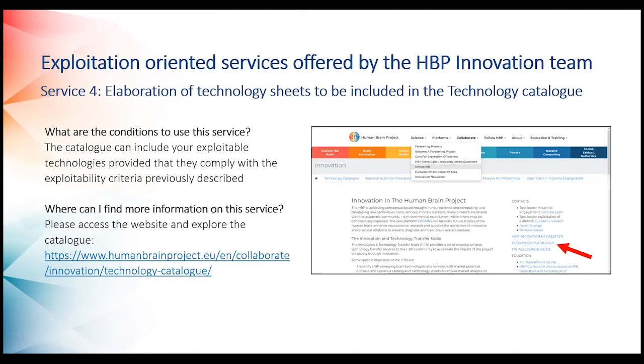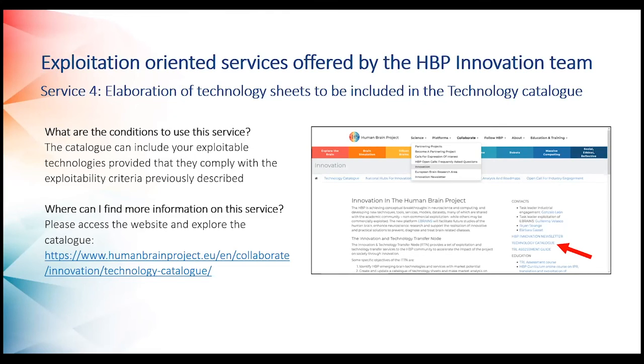Where the red arrow is pointing, if you click on the technology catalog, you will find the different PDFs of the catalog of the exploitable technologies that are nowadays being developed in HBP.